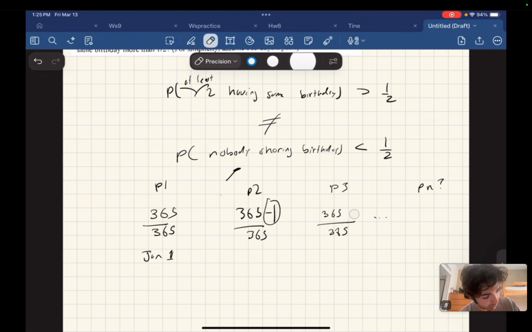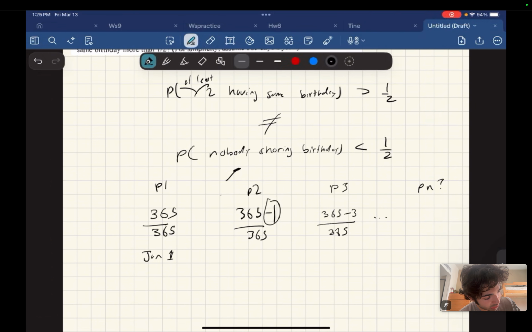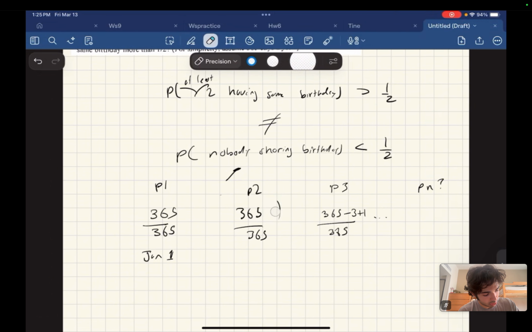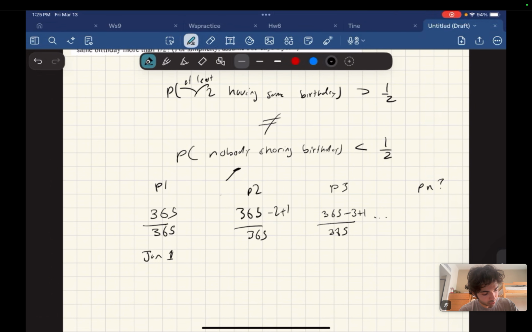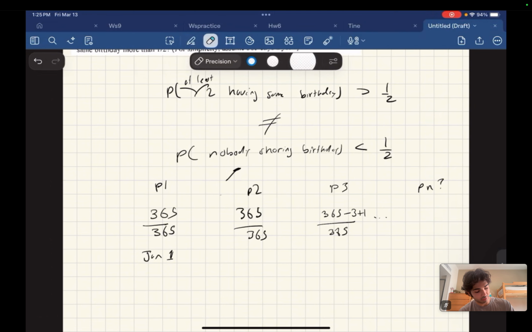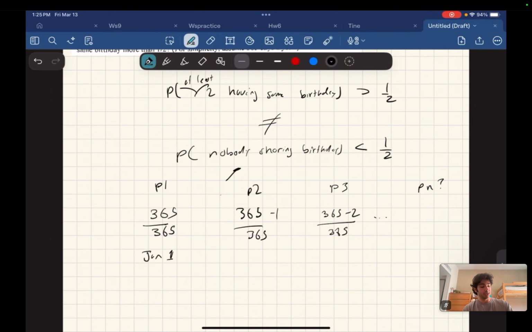It can be written like this, minus 3 plus 1, and this can be minus 2 plus 1. We're just going to keep it as just minus 1, minus 2 for ease. So the nth person can be 365 minus person number plus 1, over 365.